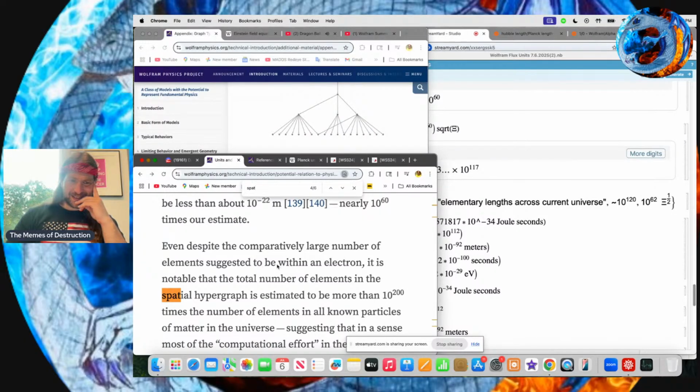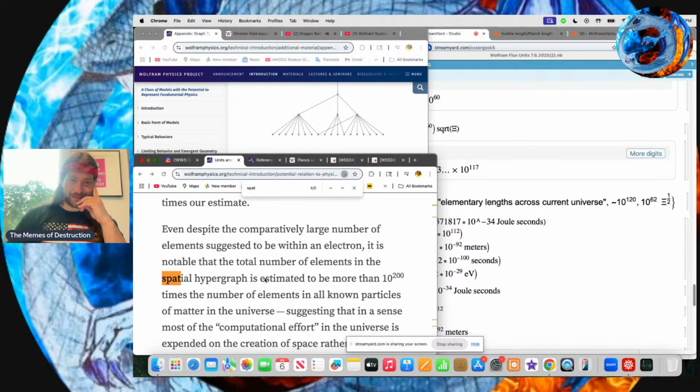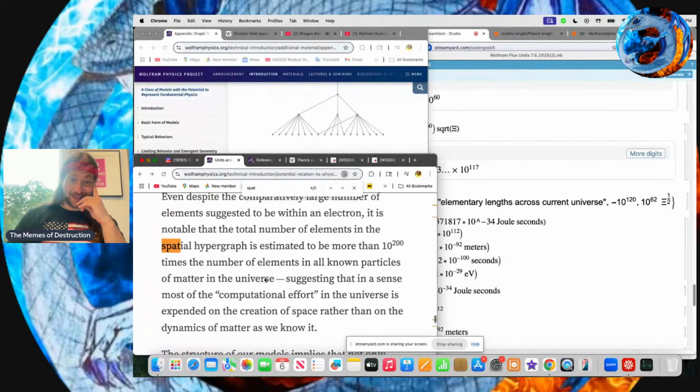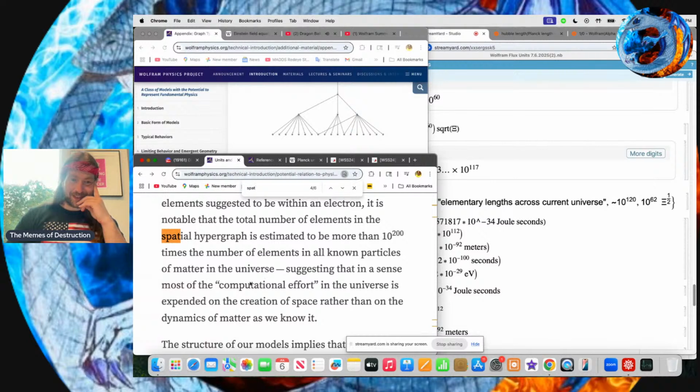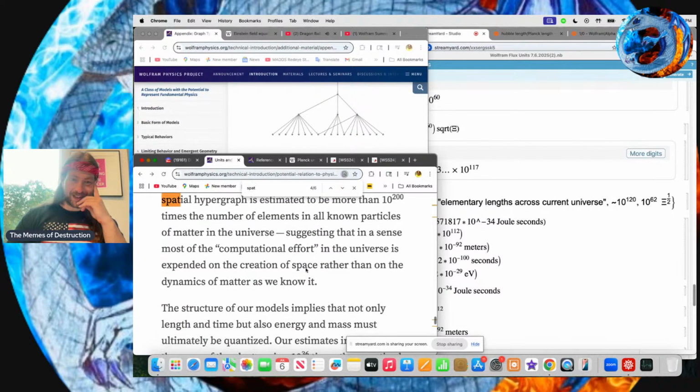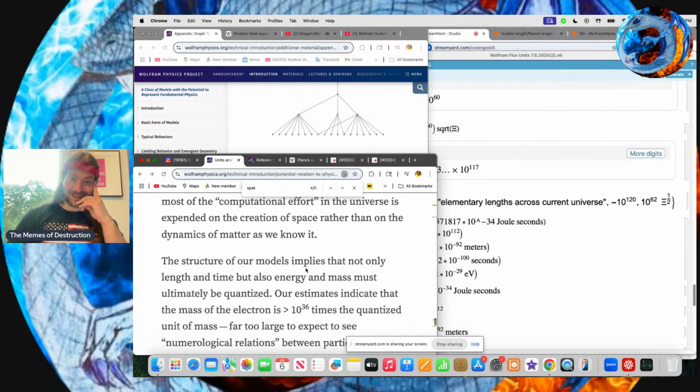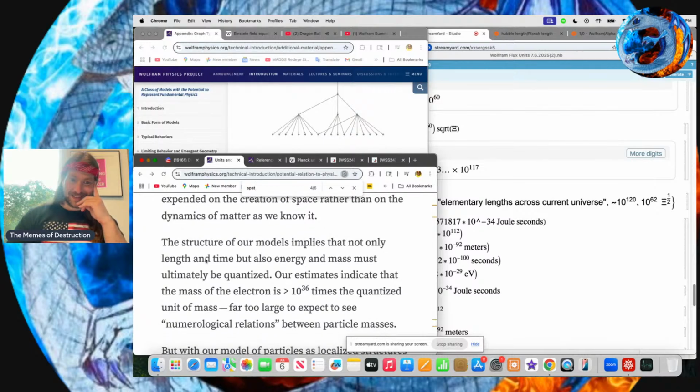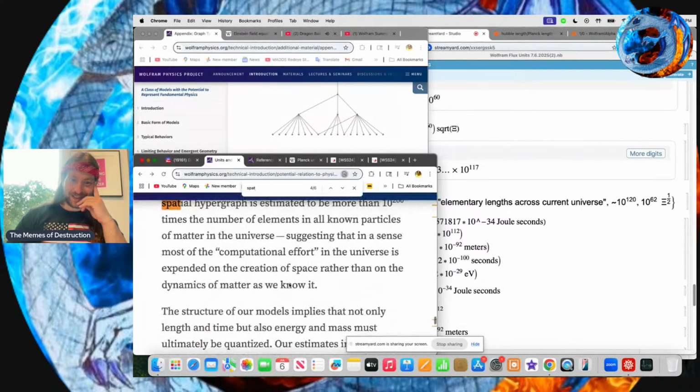Lashman suggested to be within an octet is notable. The total number of elements in spatial hypergraph is estimated to be more than 10 to the 200 times the number of elements of all known particles in the universe, especially in a sense of a computational effort is expended on the creation of space rather than the dynamics of matter as we know. Oh. Length and time now must be quantized.